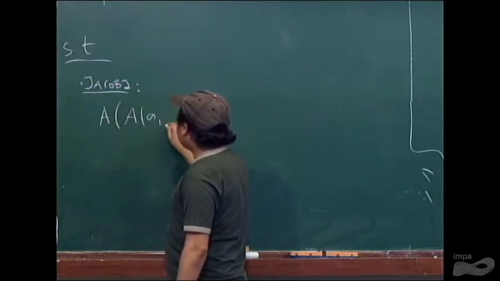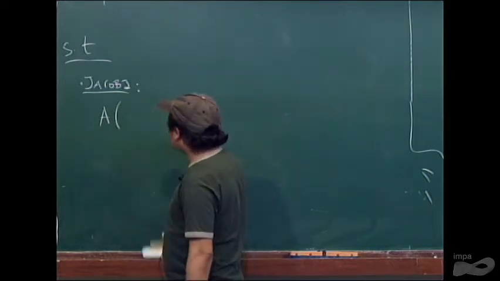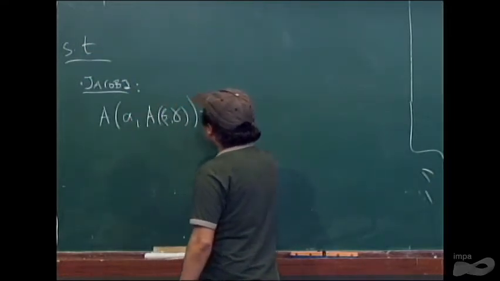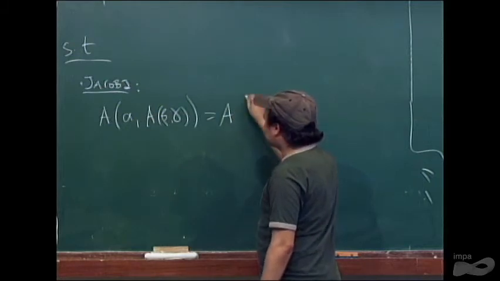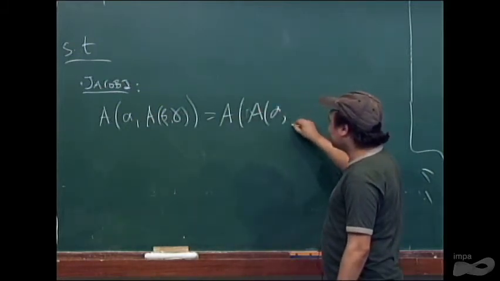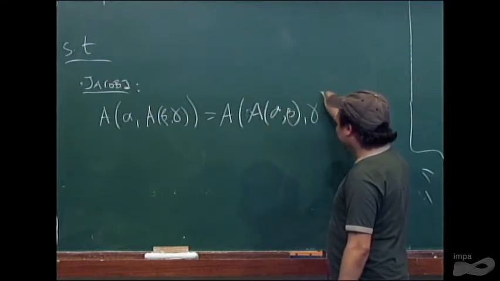It's basically this formula here. Let me write it. You have some interpretation for these equations, but I don't have time to explain it all. But this essentially means that the bracket preserves itself.